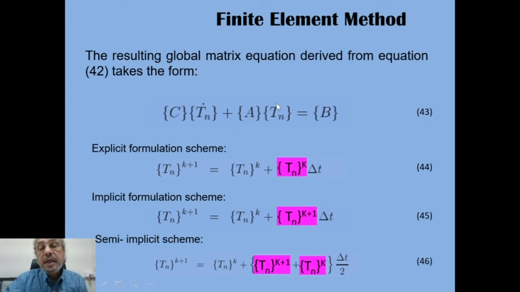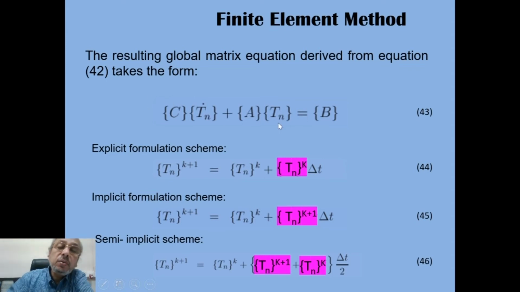Then A Tn, this is the temperature array, equal to B. So this also, from local we can finally form the global matrix, global vector and global heat load vector.